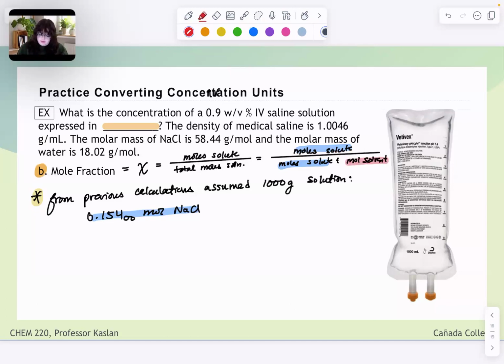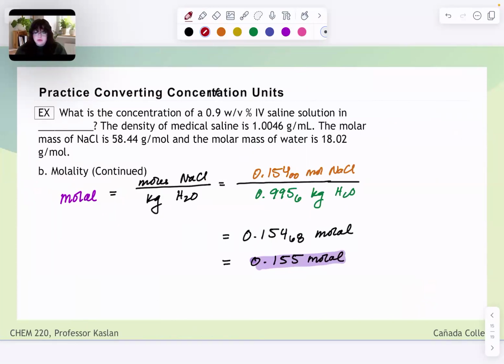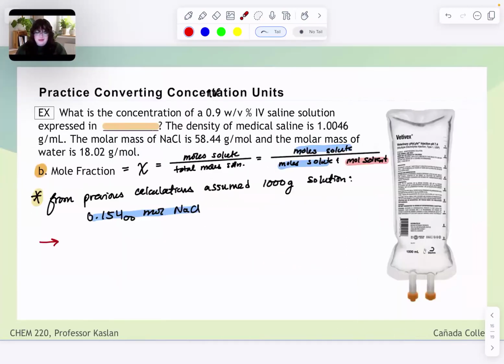So let's see if maybe we had something relating to the solvent that we calculated. If we're talking about solvent, my brain thinks molality, right? So let's look at our molality conversions. Yeah, okay, so here, in the molality problem, we had a mass of water in kilograms. And if I'm thinking about trying to get to moles, I know that I'm going to need to do a molar mass conversion here.